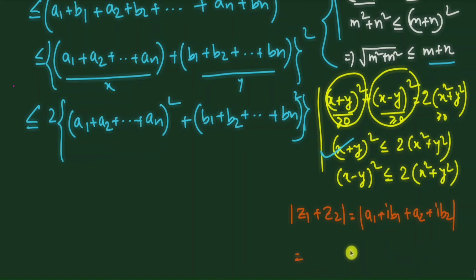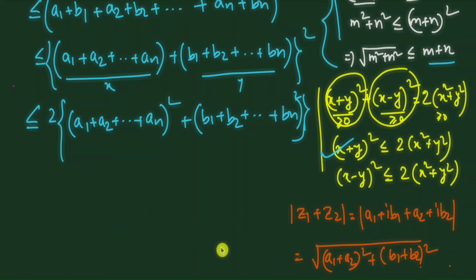So this is equal to the real part square. So the real part is a1 plus a2 whole square plus b1 plus b2 whole square. Similarly, if we take three complex numbers, then a1 plus a2 plus a3 is the real part, and b1 plus b2 plus b3 is the imaginary part.